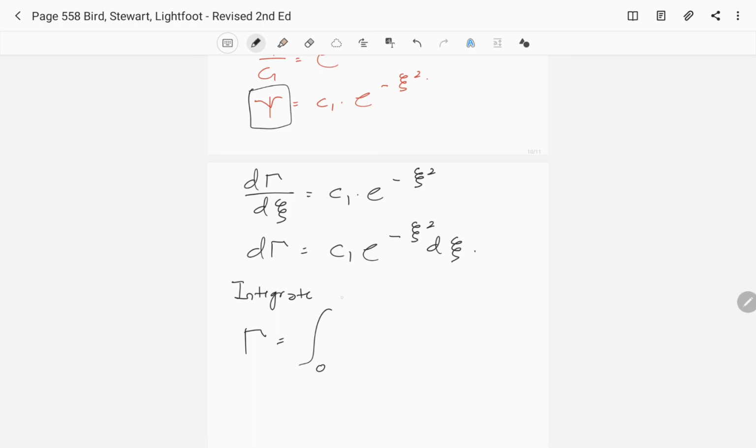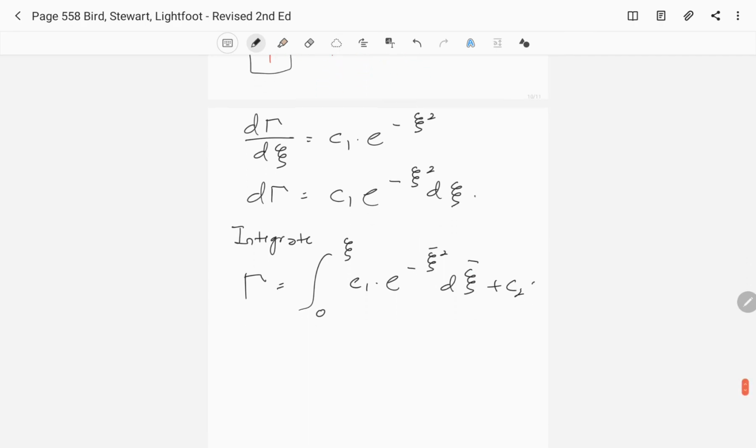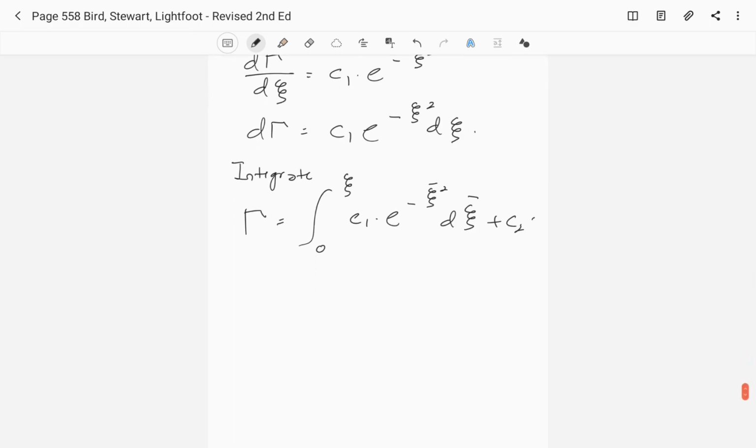So now our dimensionless concentrations will be equal to plus C2. Or we can write it as such that the C1 can be taken out of your derivative. Plus C2.